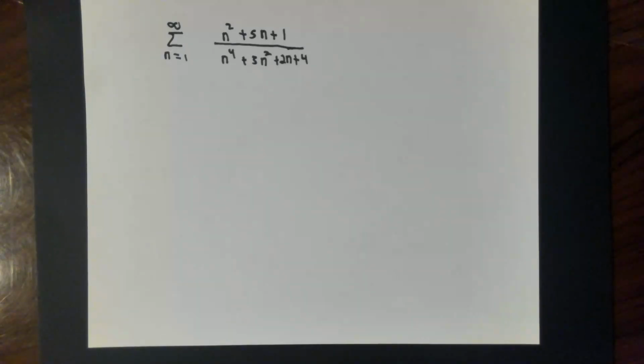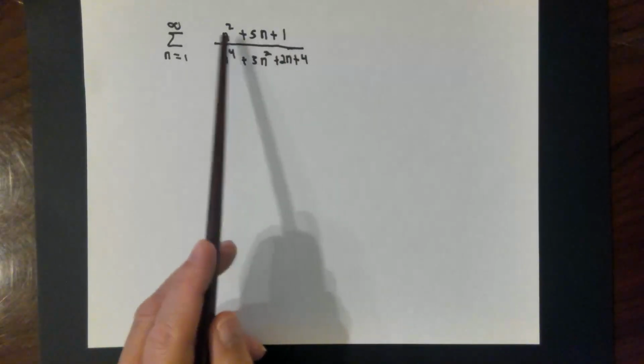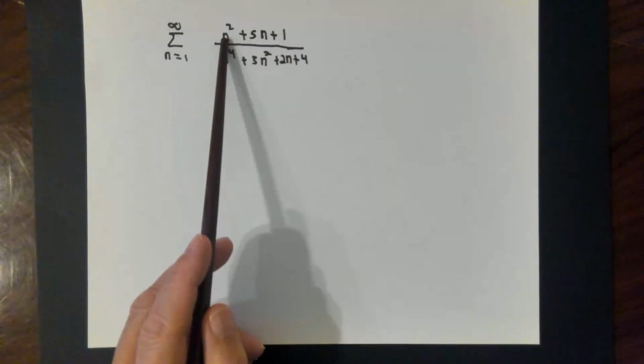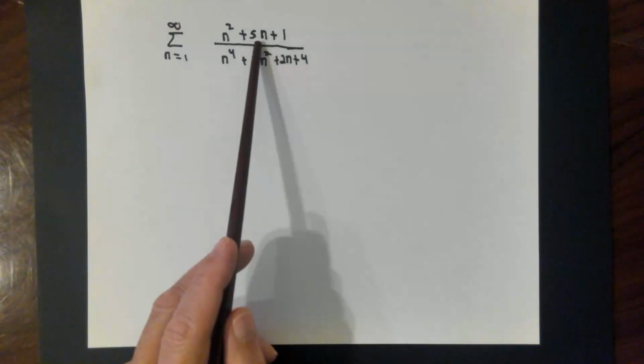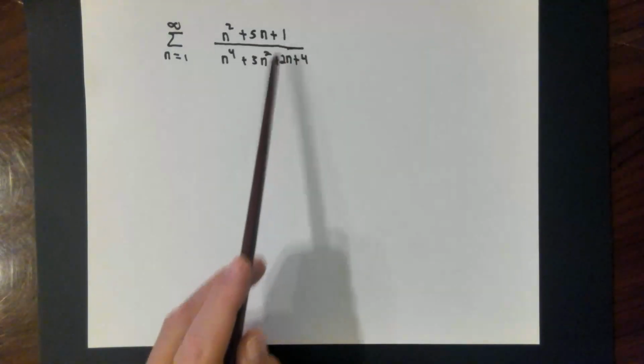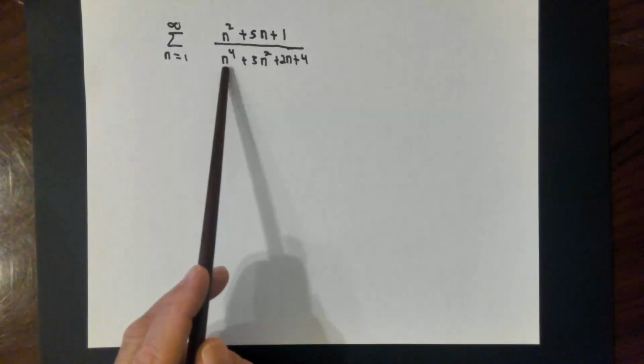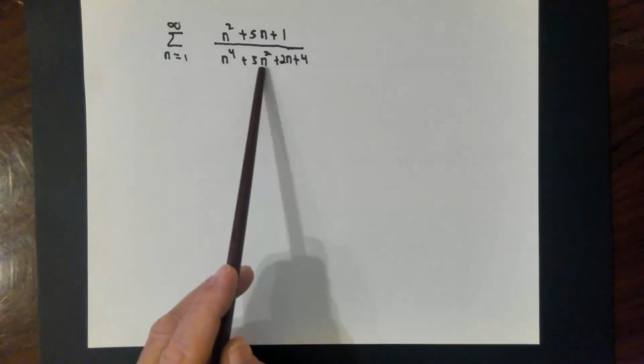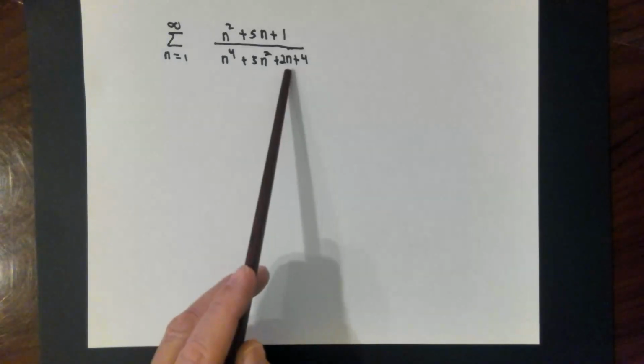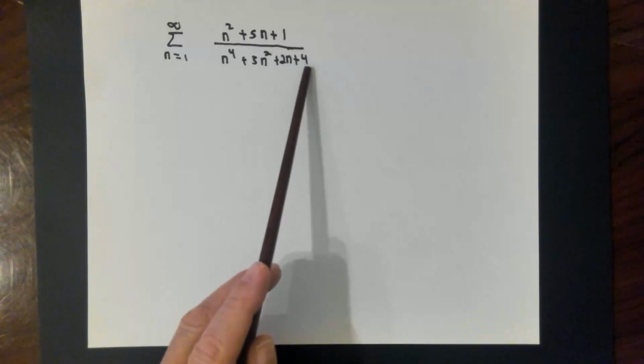This should suggest to me an infinite series that I can use this with in the limit comparison test. So let's just think about this for a minute. When n is really big, n squared is going to be much bigger than 5n, much bigger than 1. Likewise, when n is big, the n to the fourth power term is going to be much bigger than 3n squared, or 2n, or 4.